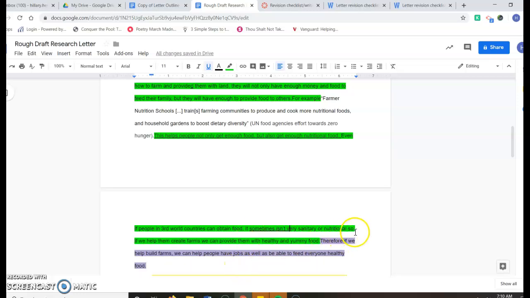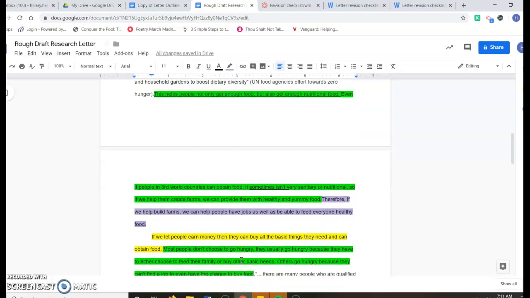So if we help them create farms, comma should go before, so we can provide them with healthy and yummy food. Therefore, comma, if we help build farms, we can help people have jobs as well as be able to feed everyone healthy food. Beautiful.